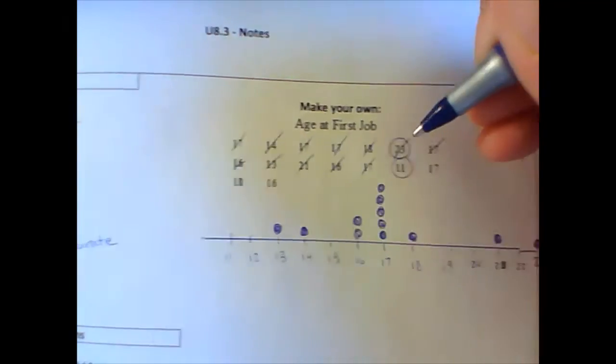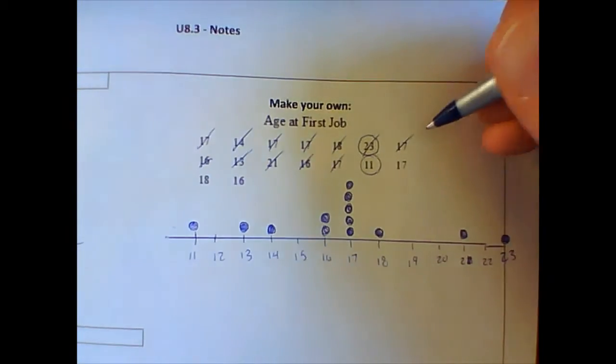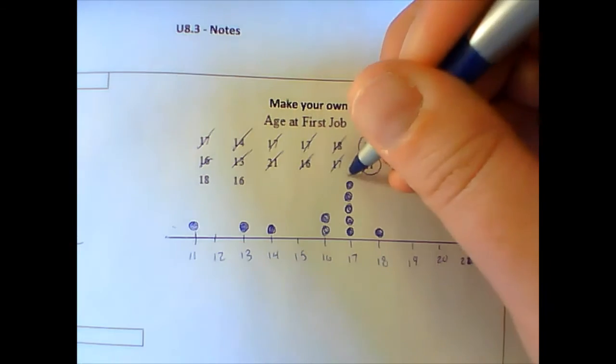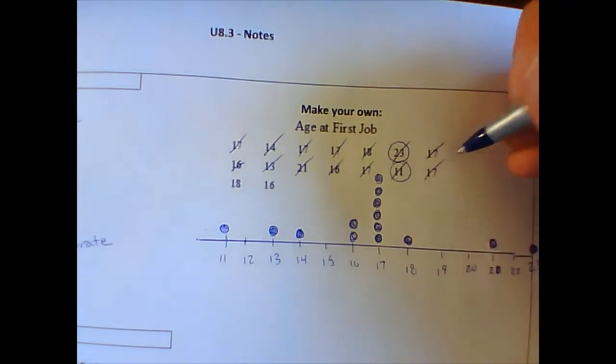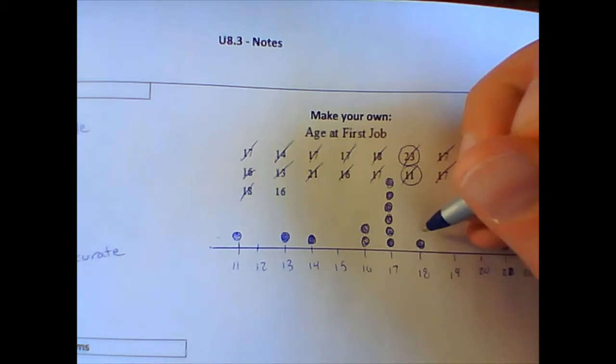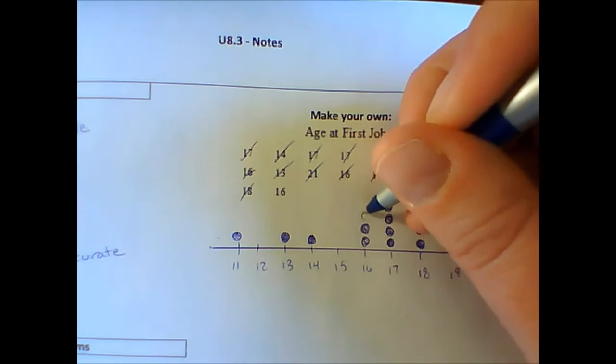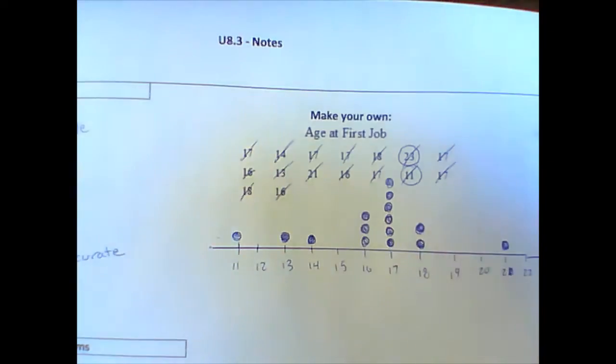Another 17. Here's the lower end of our range, the 11. Another 17, this is a big tower. We've got an 18 over here, so we'll just tap that onto the top there. And last, but certainly not least, there's a 16 right there.